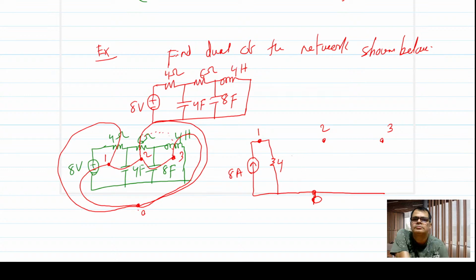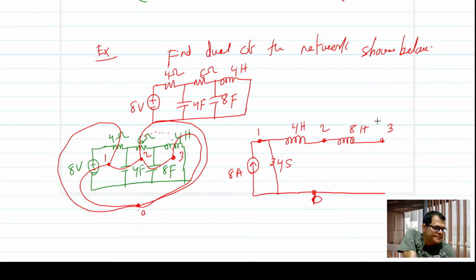And between 1 and 2 it is 4 farad. The dual of 4 farad is 4 Henry, because the dual of a capacitor is the inductor. Between 2 and 3, 8 farad, so dual of capacitor is inductor, 8 Henry.